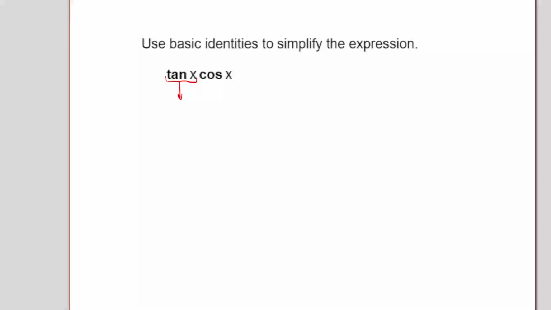Remember that tangent of x is equal to sine x over cosine of x, and we have to multiply that by cosine of x. If we have cosine of x in the denominator and then multiply by cosine of x, the cosine of x's will cancel out, and we'll be left with just sine of x. And that is the answer to our question, just sine of x.